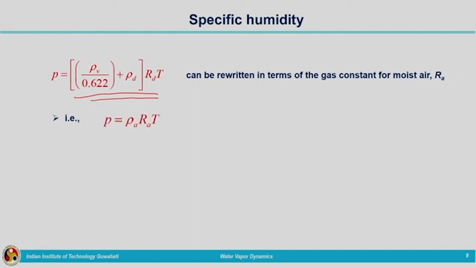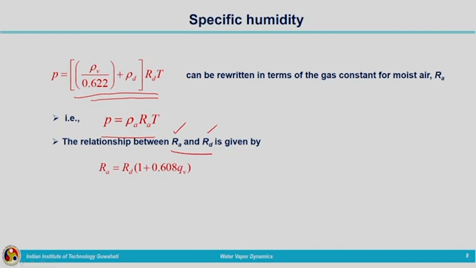So it can be written again, P is equal to rho A RA T. By making use of these two equations, we can find the relationship between RA and RD, that is the gas constant corresponding to moist air and dry air, as RA is equal to RD multiplied by 1 plus 0.608 QV. Substituting for RD the value 287, RA is 287 multiplied by 1 plus 0.608 QV joules per kilogram Kelvin.